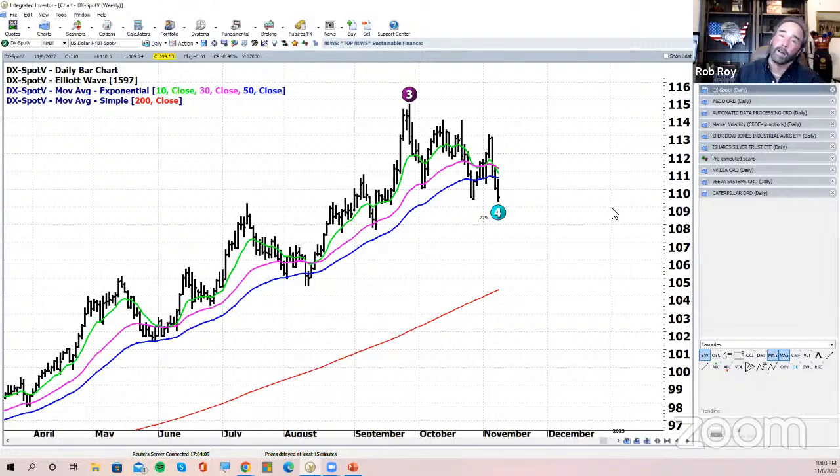But I think it's going to be a lot of fun. I think people are going to get a ton out of it, especially when they see how well not just Elliott wave, but our confirming indicators, the DMI, the CCI work, because we're going to look at a 3-minute futures chart is what we'll be looking at for our alert subscribers there.